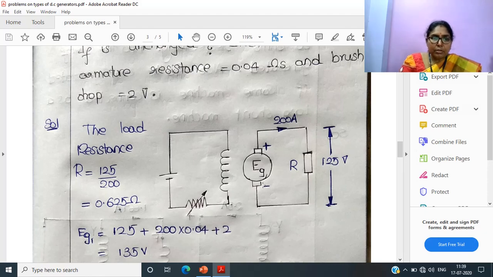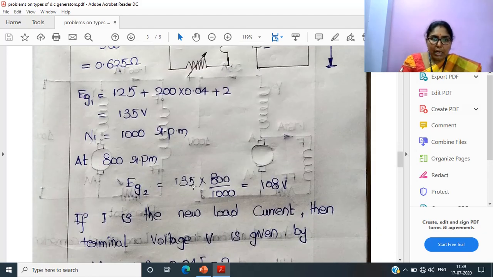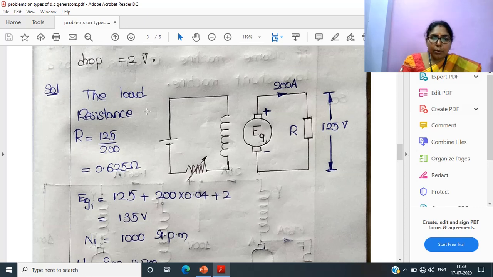First we calculate the load resistance, because it was not given. R equals voltage by current, 125 volts divided by 200, which gives 0.625 ohms. This is the load resistance value we calculated.